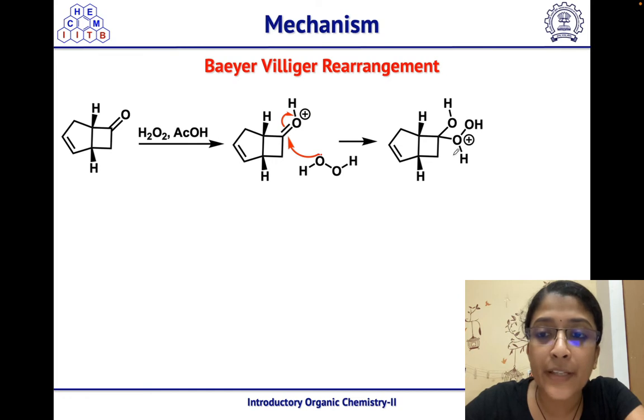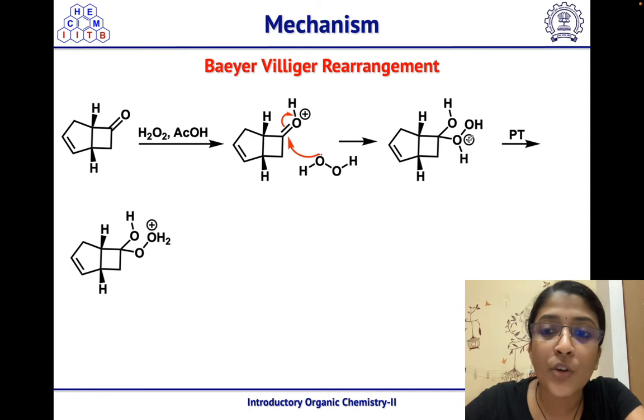Now a proton transfer will take place: the proton on this oxygen will shift to this oxygen. So we get an intermediate like this with H2O plus attached to this oxygen.